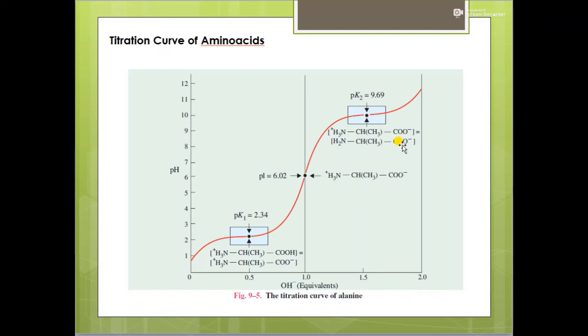The titration is then completed by 11.69, at which point the molecule alanine bears a net charge of -1, because both functional groups are deprotonated. And 99% of the molecules are negatively charged and are present as NH2CH3COO minus at about 11.69.